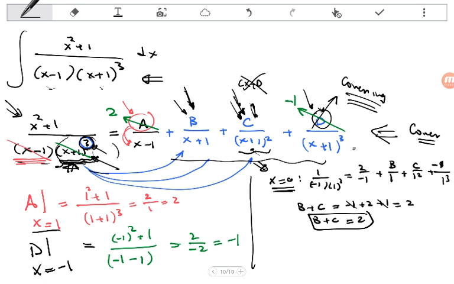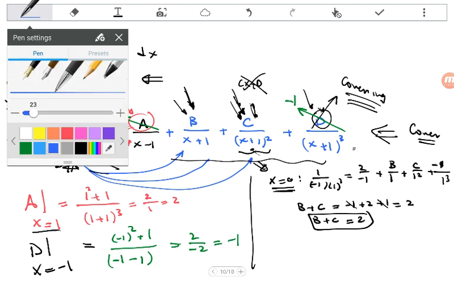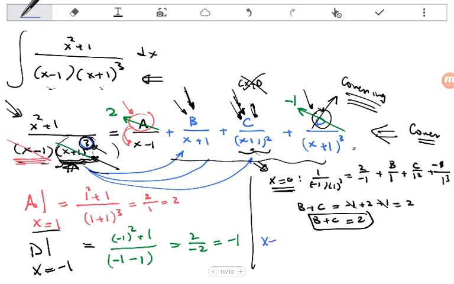Now I need another equation. I have used 1 and I have used -1. What would I use here? x equals 2. I substitute x equals 2 on both sides.